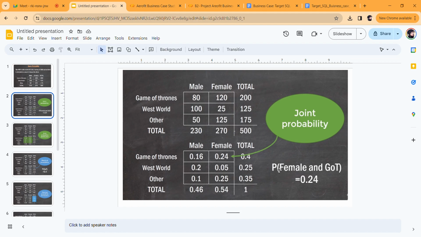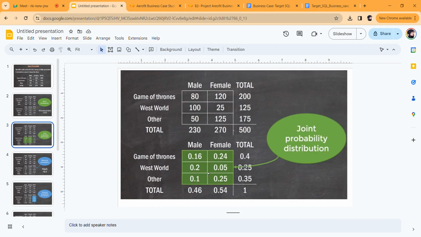The probability of female and Game of Thrones is equal to 0.24, and this is the joint probability. The inside area that is covered is the joint probability.